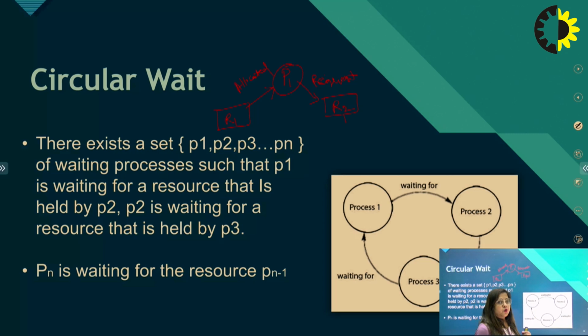But this R2 resource is already allocated by another process, P2. And again P2 wants a resource held by P3, and R3 is also allocated by the P3 process.